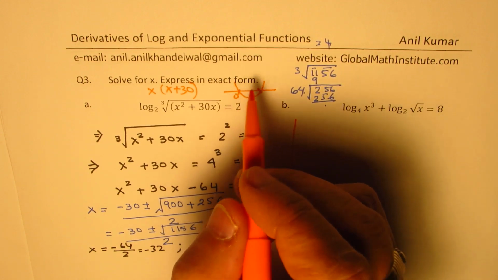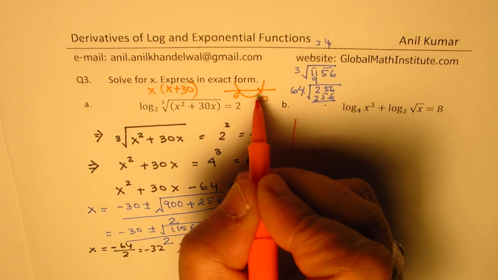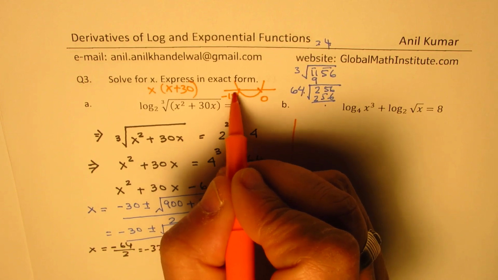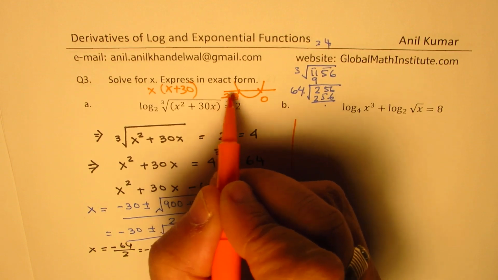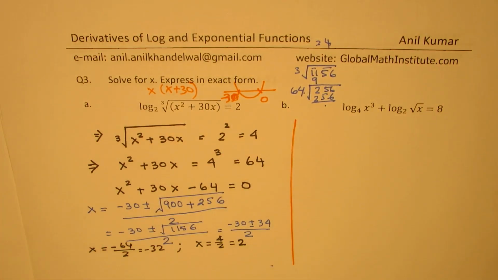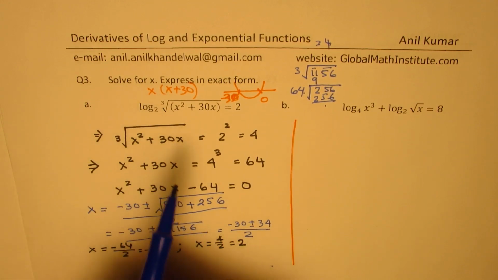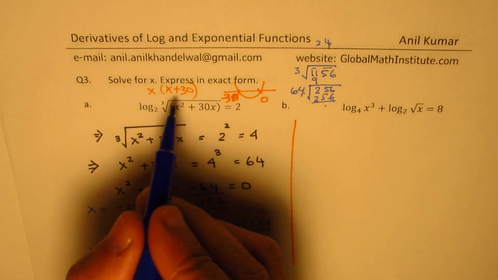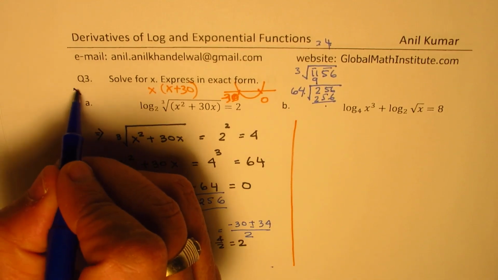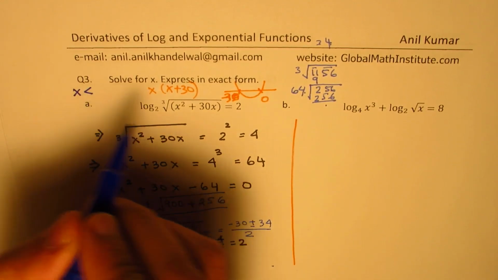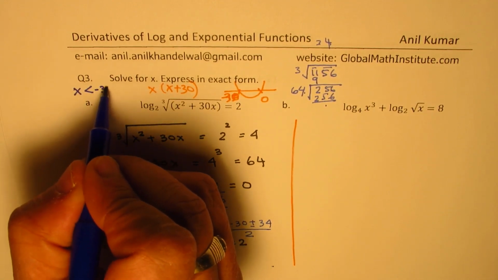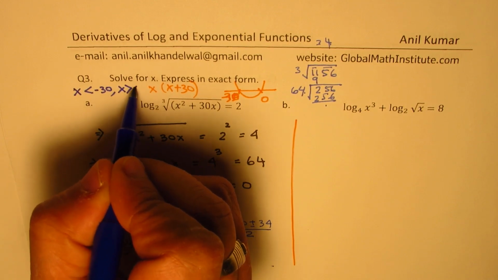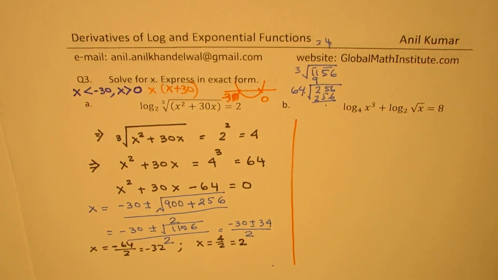So anything less than minus 30 works as your answer, correct? So let me write down the domain. The domain of this function is x less than minus 30, or x greater than 0. So that is your domain.